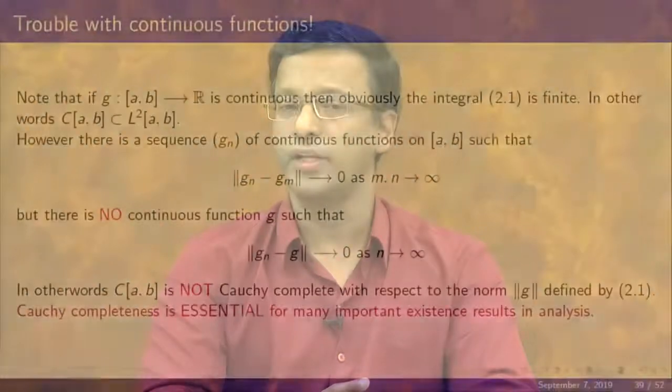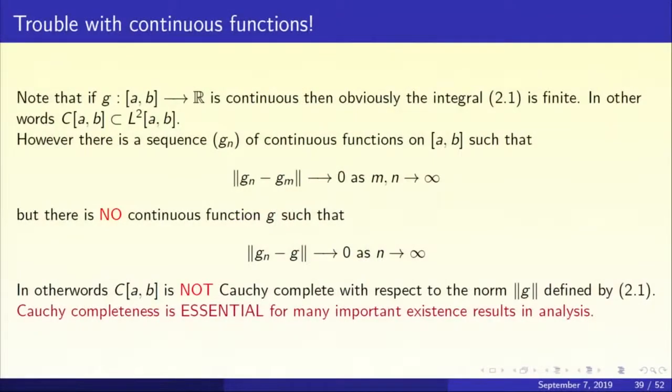Now why can't we simply work with continuous functions? Why do we have to introduce this space L2 of [a,b]? Why not just take the set of all continuous functions on the closed interval [a,b] and work with it? There is going to be a problem. Suppose you take a sequence of continuous functions on [a,b] such that the norm of g_n minus g_m goes to 0 as n, m go to infinity, it may not be the case that the g_n converges to a continuous function g.